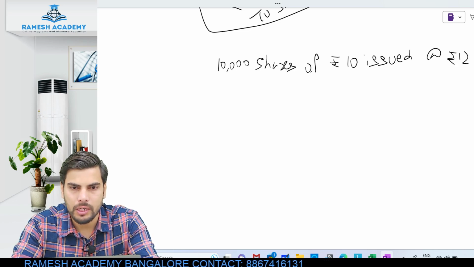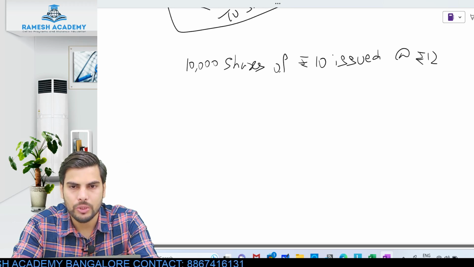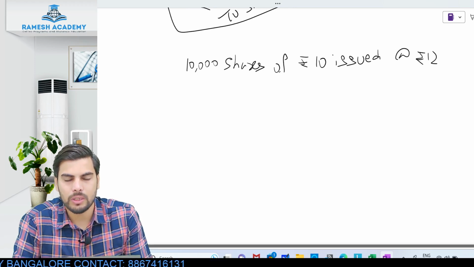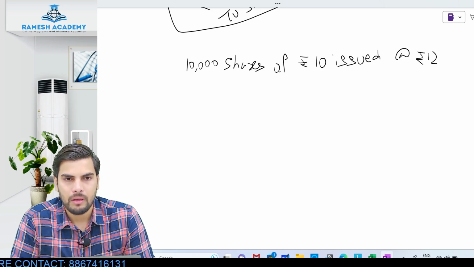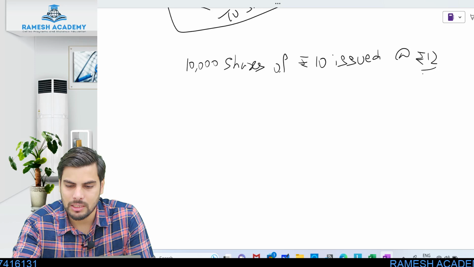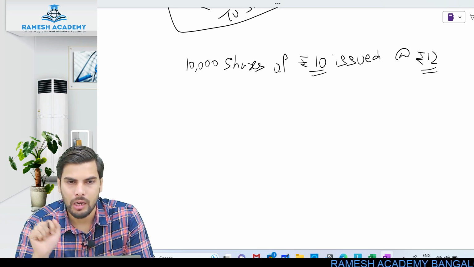What will be the total share capital in this case? Is the share issued at par, premium, or discount? This is clearly a scenario where shares are issued at premium, because the issue price, which is 12, is greater than the face value. So a 10 rupee share is being issued at 12 rupees.